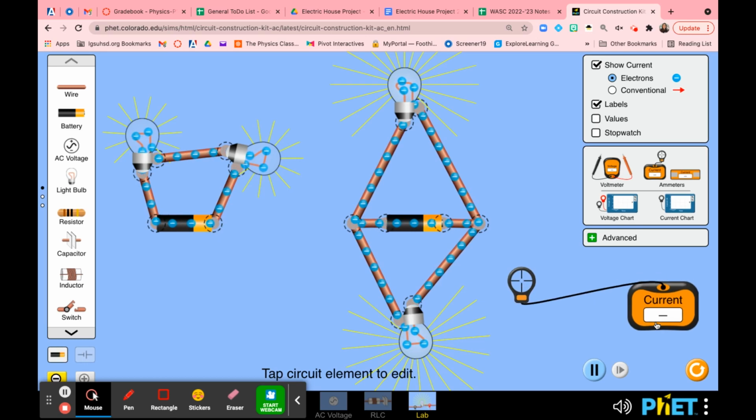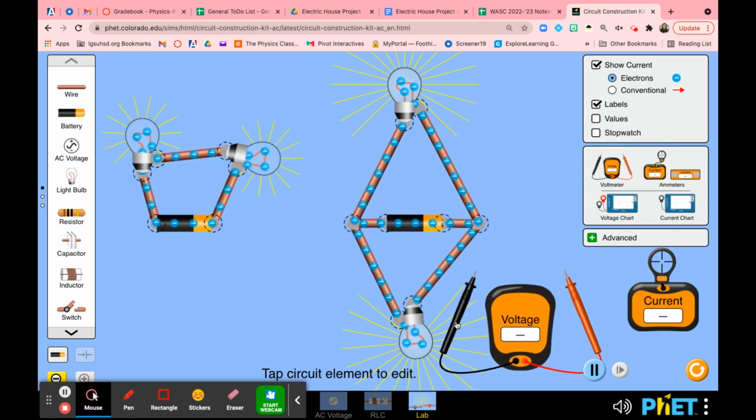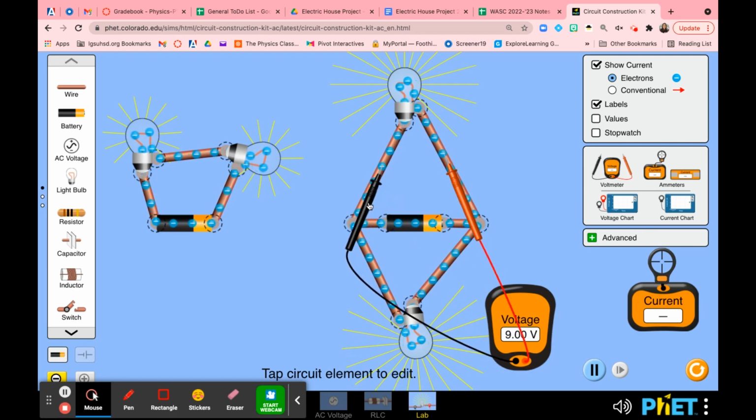And now when you're working with voltage, a voltmeter has to be the voltage across a resistor, or in this case, our resistor is a light bulb. So you need a voltmeter on one side and the other side of your resistor to measure it. So this is the voltage through one light bulb, and this is the voltage through another.